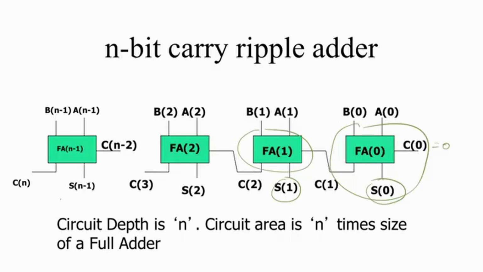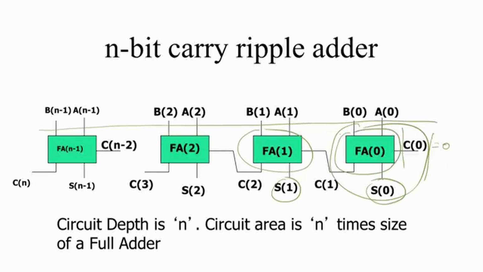Now when I do a topological sorting of this circuit at a very high level, first, what are the primary inputs to this circuit? A0, B0 till An minus 1, Bn minus 1 and C0. So let us remove all the primary inputs. Now the only element that will become free is full adder 0.